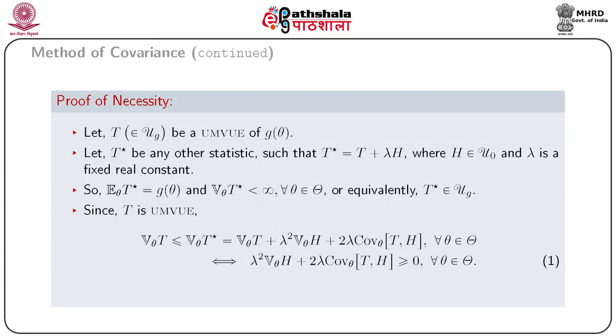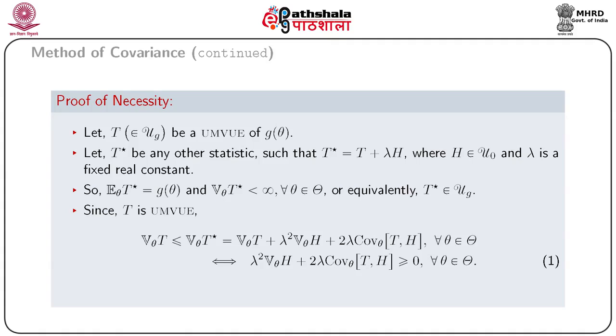Now, we shall prove this method of covariance. First, we shall discuss the only if part. Let T belonging to U_g be a UMVUE of g(theta) and T* be any other statistic such that T* equals T plus lambda times h, where h belongs to U_0 and lambda is a fixed constant.